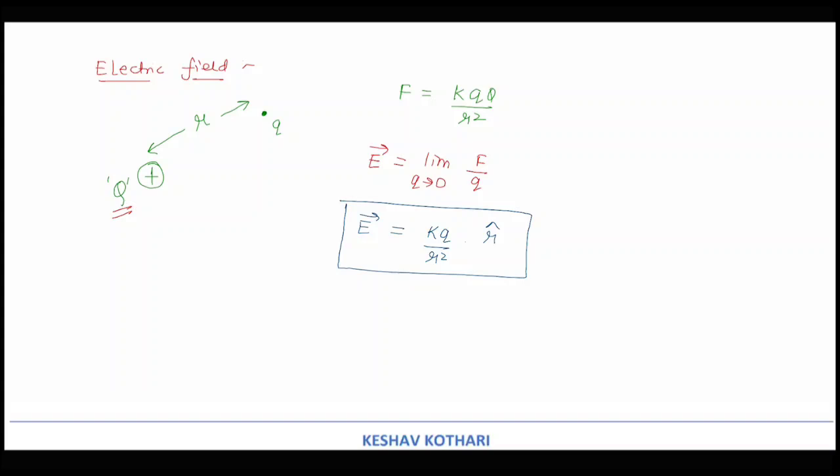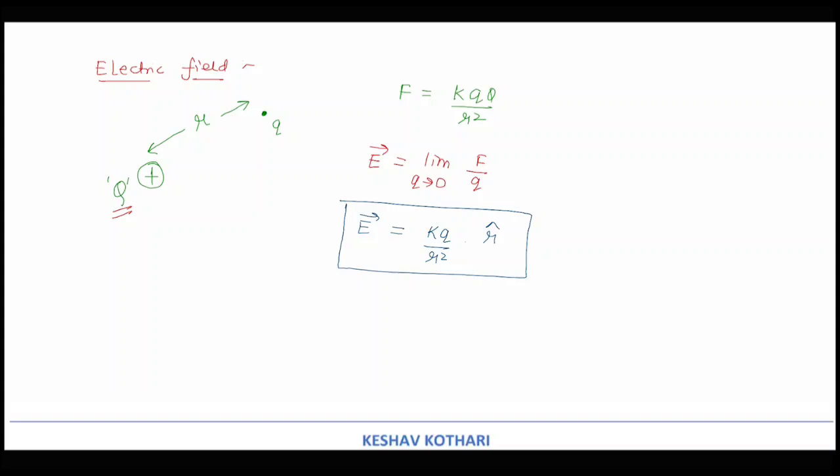The direction of the electric field vector will be the same as that of the force vector. The magnitude of the test charge is kept small because otherwise it may disturb the original charge distribution, and then we will get the electric field due to the disturbed configuration and not the original one.